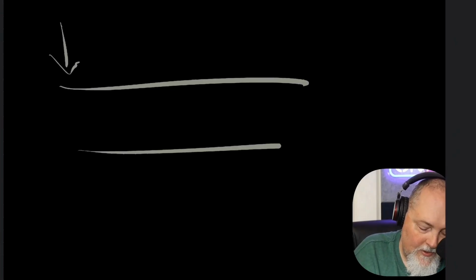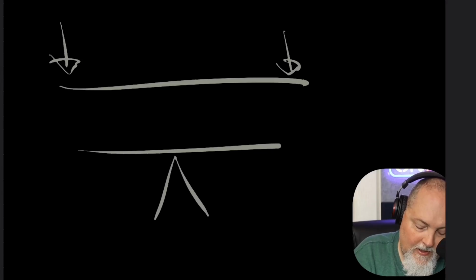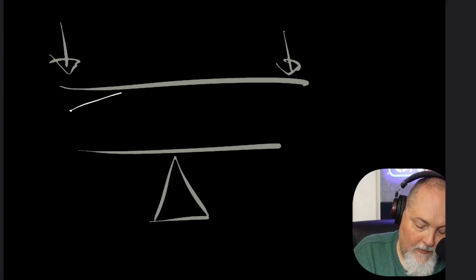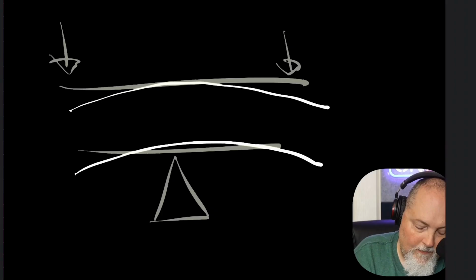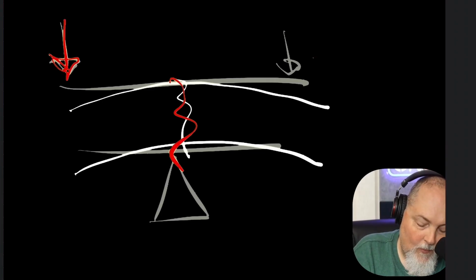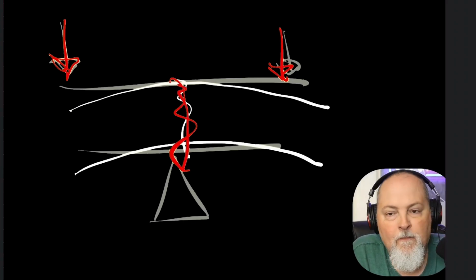If I have a material and I start putting forces on either end and it's balanced on something here, if it's ductile, it'll take a bend in it before a crack starts and goes through. But cleavage fracture is a failure mode where, as I'm adding that force, it just cracks.